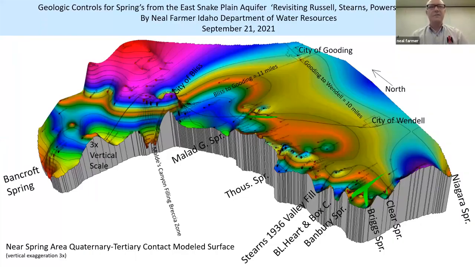Basically, I was studying, for my master's thesis, perched aquifers that were causing landslides at the Hagerman Fossil Beds National Monument. By association, working for the monument, I gained a lot of field experience with paleontology. I worked for the fossil beds for 11 years, and that's how that evolved.